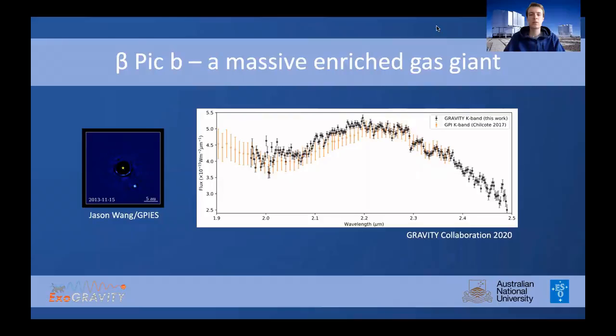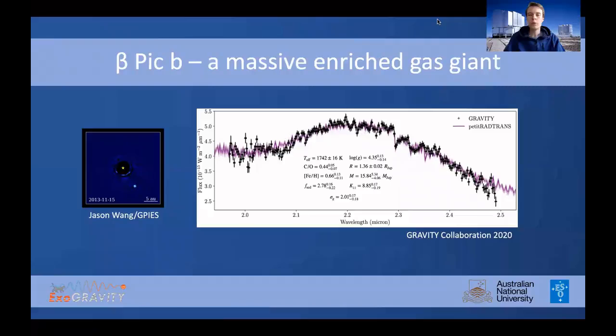This GRAVITY spectrum is shown in black and is consistent with the GPI spectrum from Chilcote et al. 2017, which is shown in orange. Due to the higher spectral resolution and the smaller uncertainty of the GRAVITY spectrum, we start to see absorption bands, for example of carbon monoxide at 2.3 to 2.4 microns.